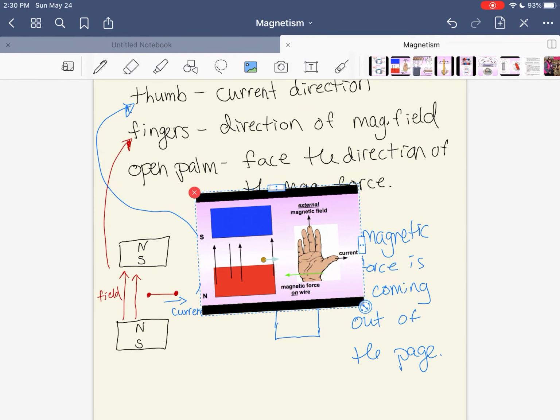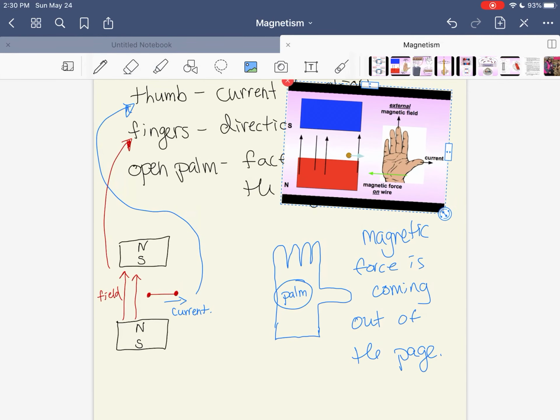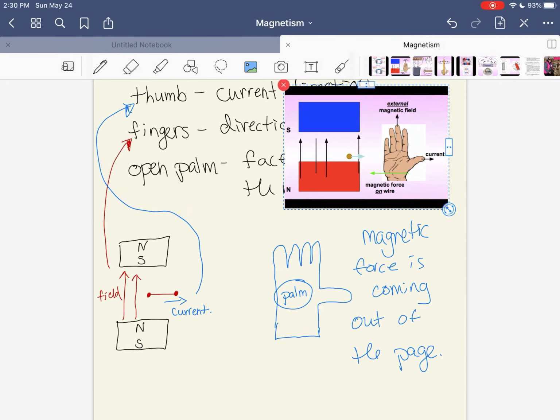All right, those are the right hand rules. Those are how we can determine the direction of our magnetic field, and how we can determine the direction of our magnetic force with right hand rule number 3. Again, I cannot stress enough, make sure you're using your right hand.